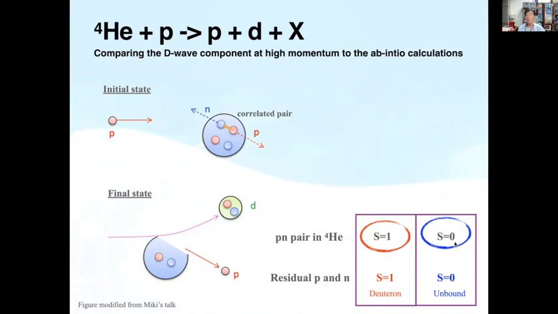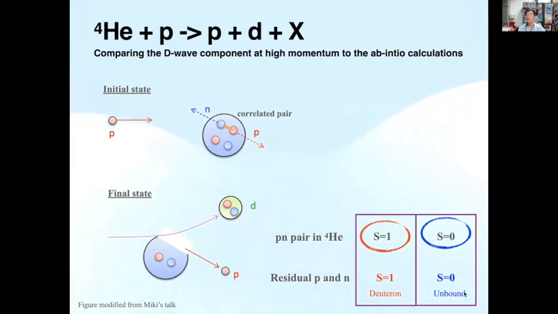Okay, then this remaining two nucleons, proton and neutron, have to be unbound because an S equals 0 proton and neutron pair is unbound. So by looking at the missing mass spectrum, if it is bound, it is sure you picked up an S equal 1 pair.